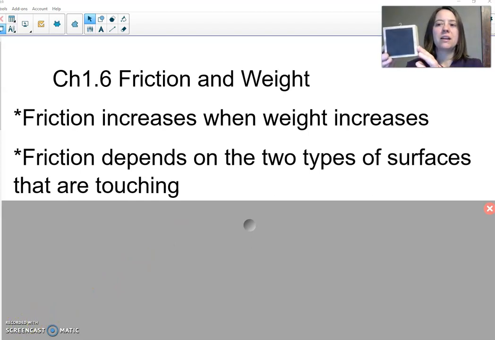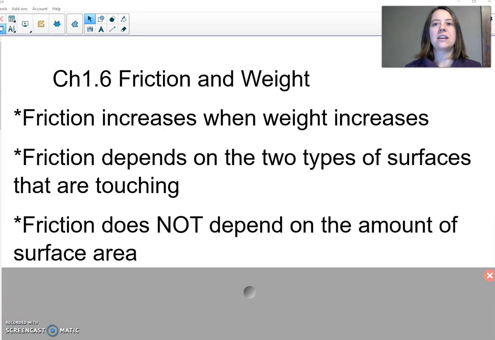So it will depend on if you have the non-skid surface or the regular wood surface, how much friction there would be when you're trying to pull this block along. So they could have the same amount of weight, but if you have this one down, it's going to take more force to pull it along, so there'll be more friction.